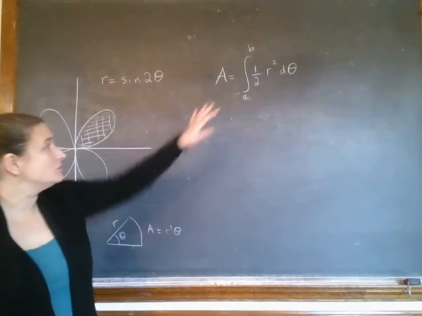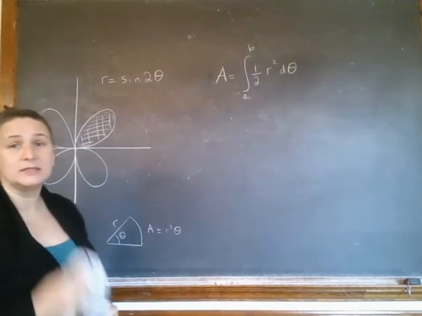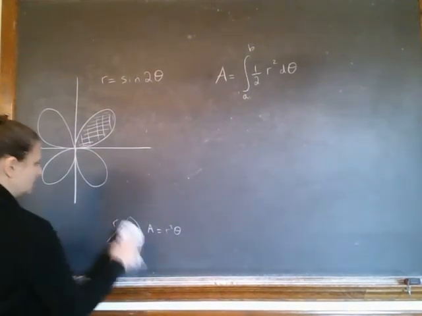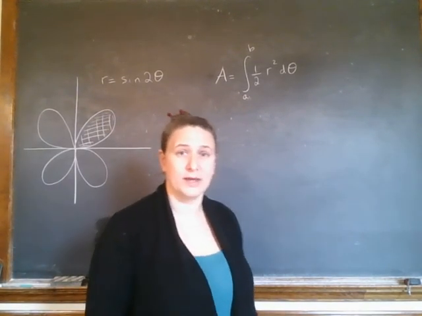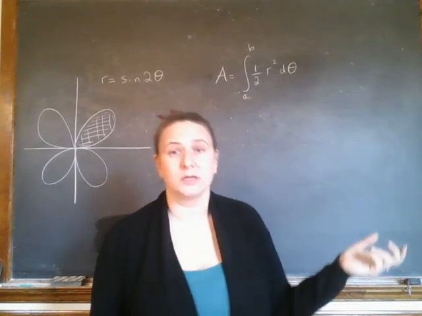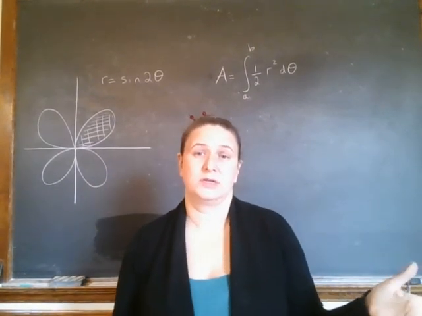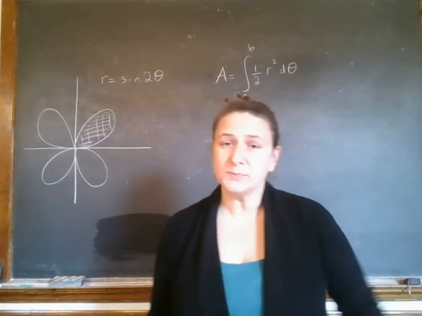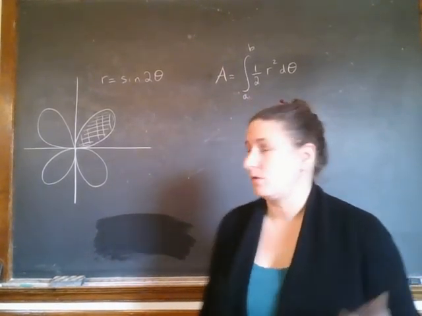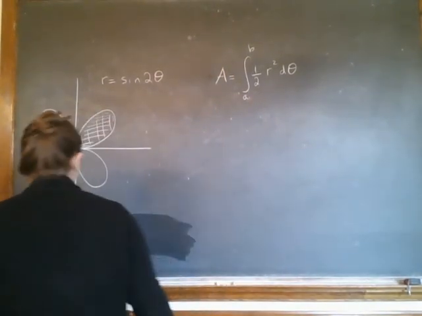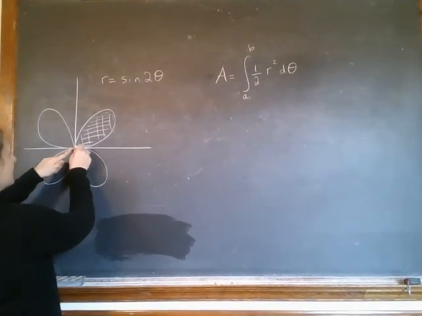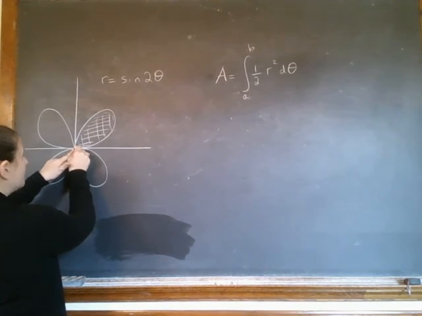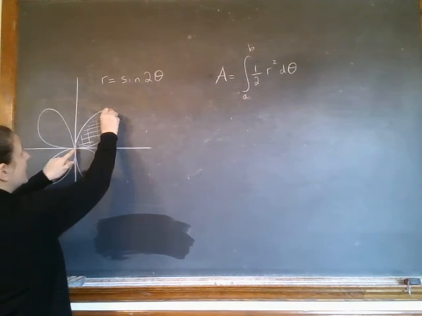So once you know that this is the formula, basically all you have to do is go ahead and use it. The difficulty with these pretty much always tends to be finding the limits. This particular one is pretty straightforward because as we saw, when I start at theta equals 0, I'm here, right? And then at theta equals pi over 4, I was here.